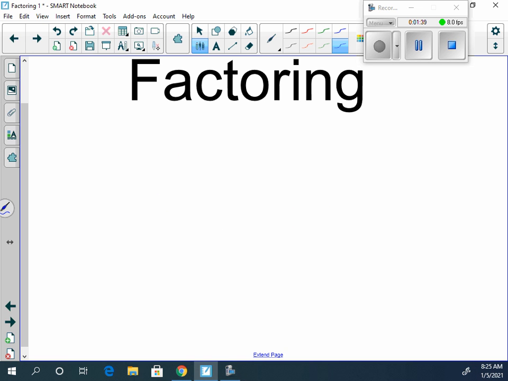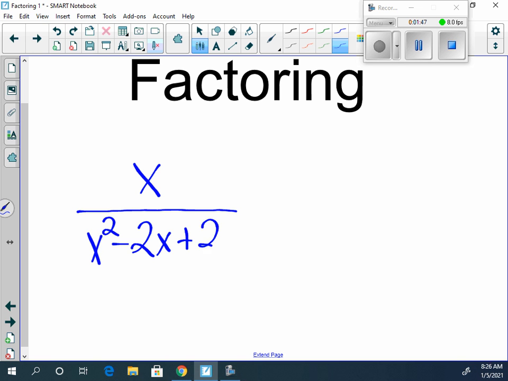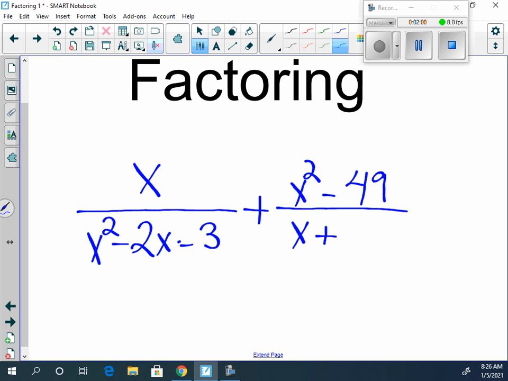Now, the reason we're going over factoring is because, well, if I have, say, just x... We need to be able to make these here have the same denominator so that we can add them.